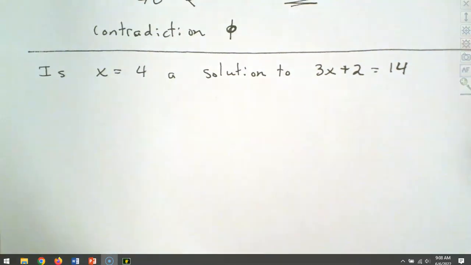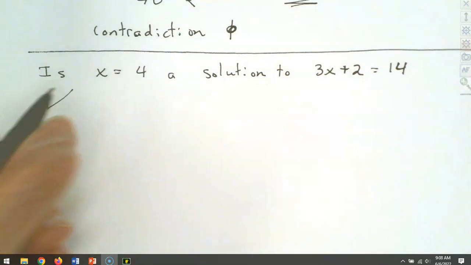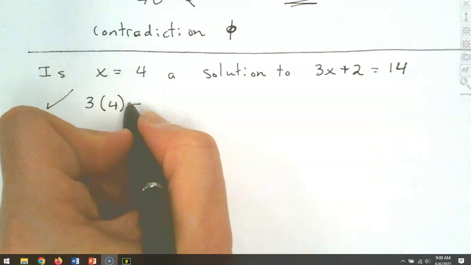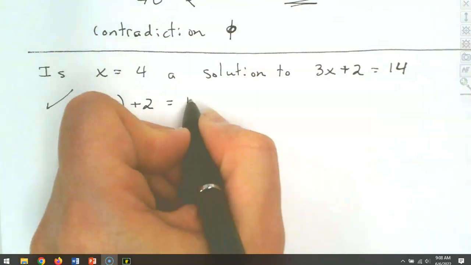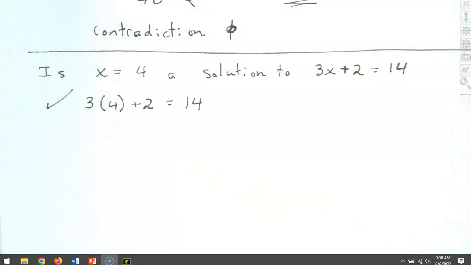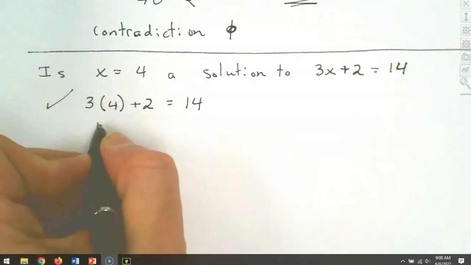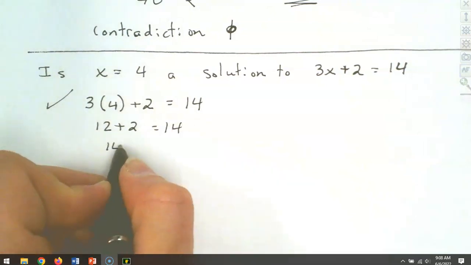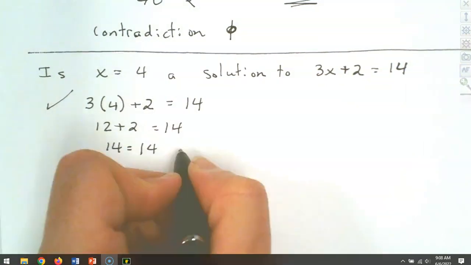So is x equals 4 a solution to this equation? How do we check? Well, we just simply plug it in. So we're going to plug in that 4. And we're going to combine everything together. We're going to see how the sides match up, if they do. And if I plug that 4 in, then that gives me, again, 12 plus 2. And then that gives me 14 equals 14. These are the same.